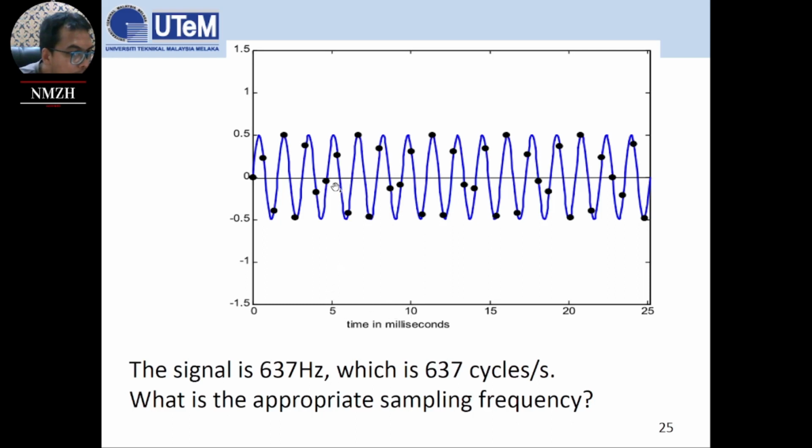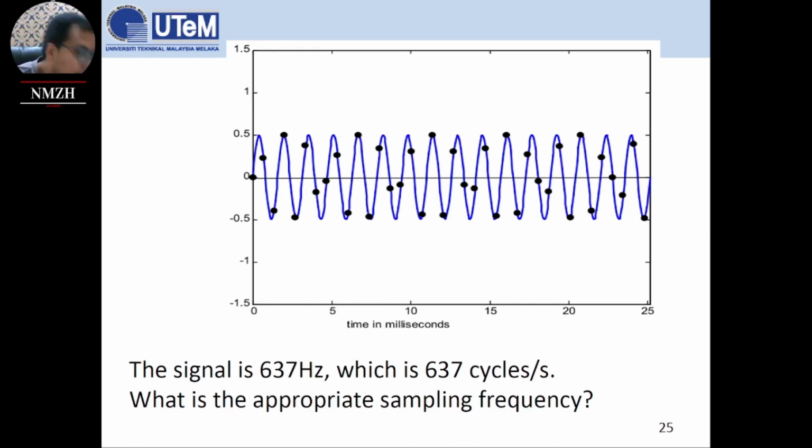This one is 5 approximately, this one is 3, so you can count how many cycles in 1 second. This is milliseconds, so this is 25 milliseconds times 10 to the power of minus 3. Just imagine that we have 637 cycles in 1 second.